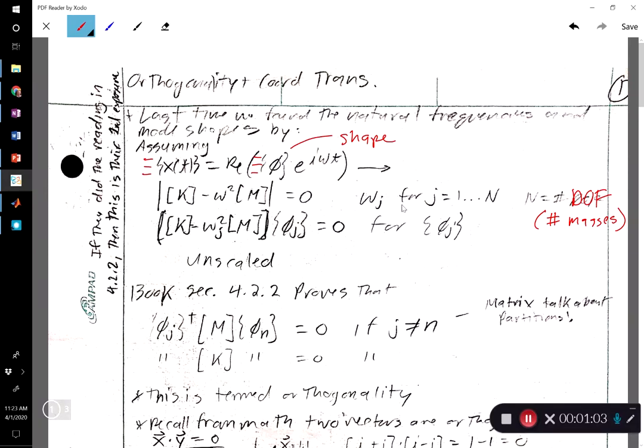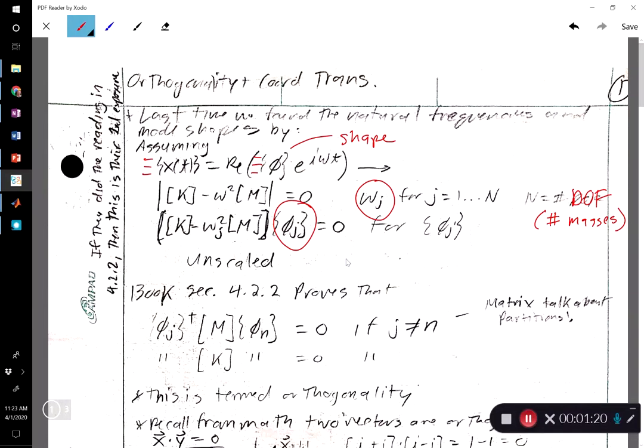And an n degree of freedom system will have n of these solutions, each of which has a natural frequency omega and an eigenvector phi. And we initially found those as unscaled vectors.